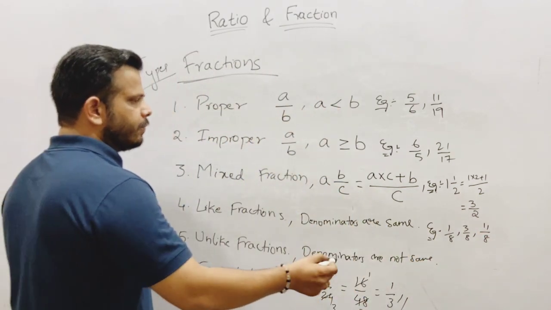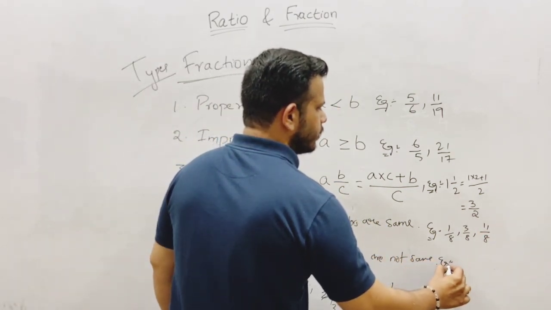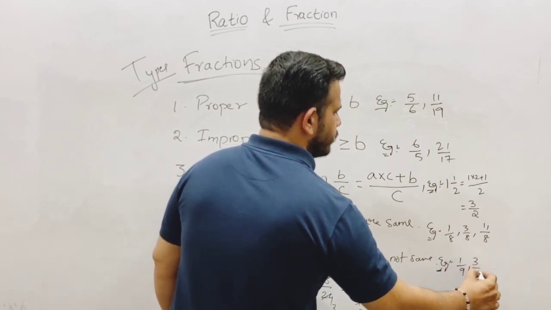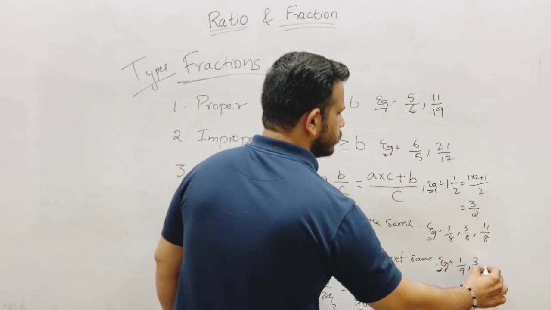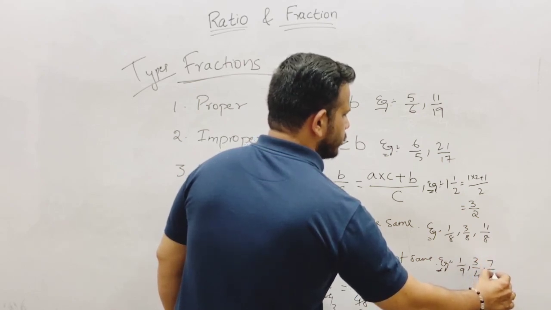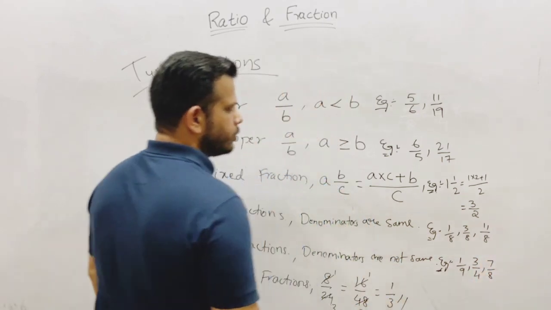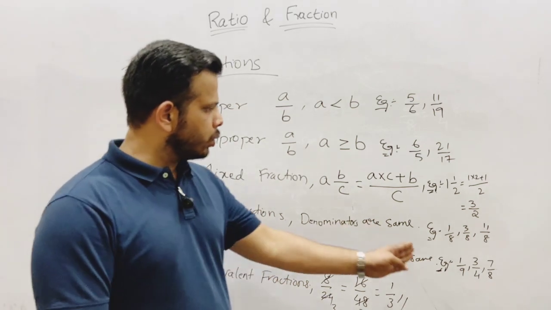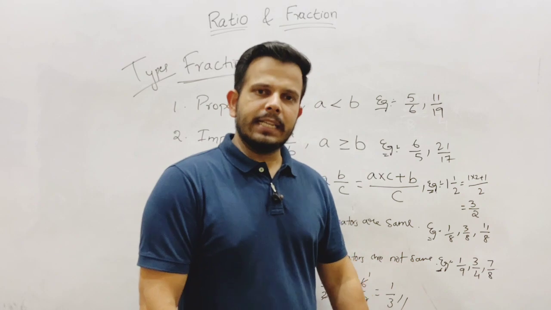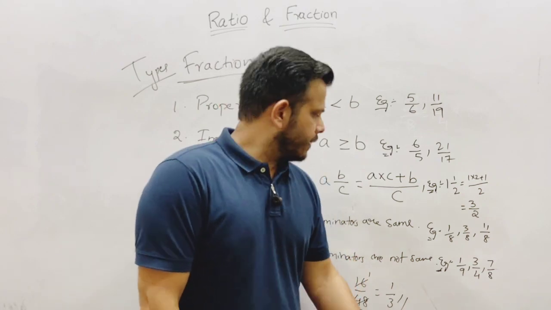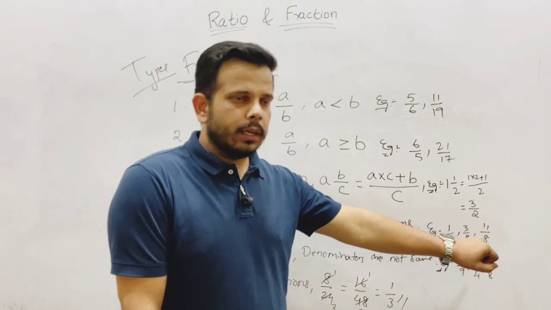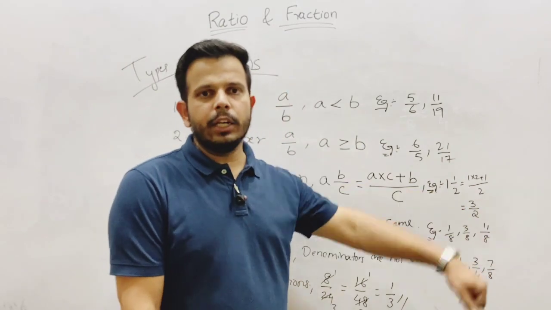Okay, unlike fractions are like 1 by 9, 3 by 4, 7 by 8. So these are unlike fractions. So here, only at unlike fractions, you have to go for the LCM. For like fractions, the denominators are already similar, so directly you can add the numerators.